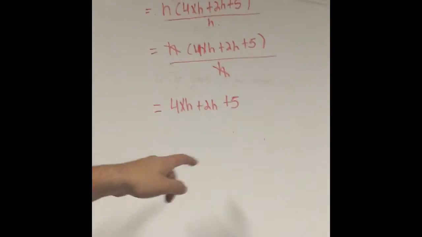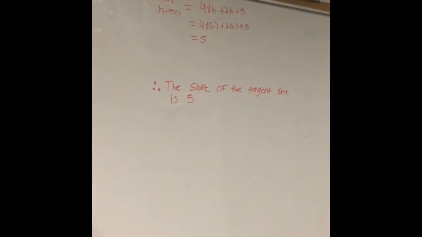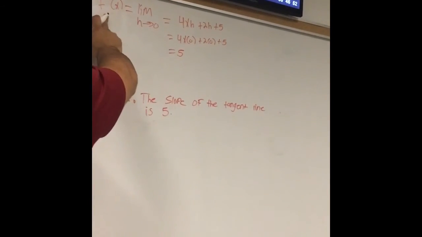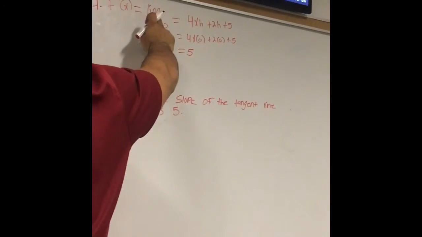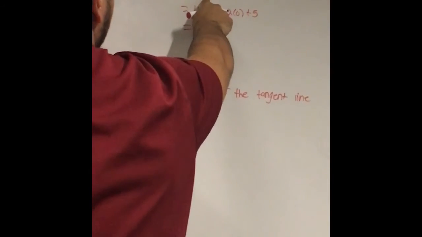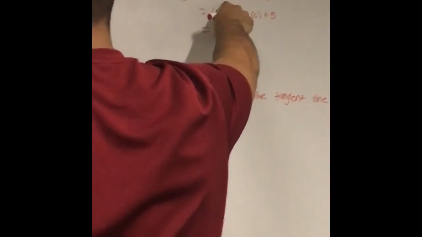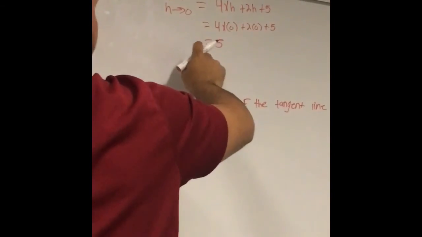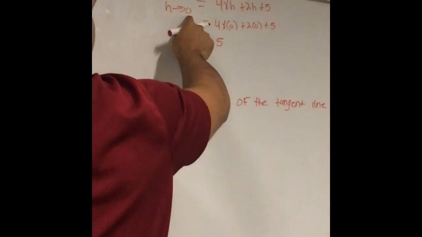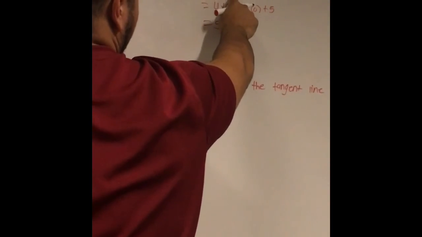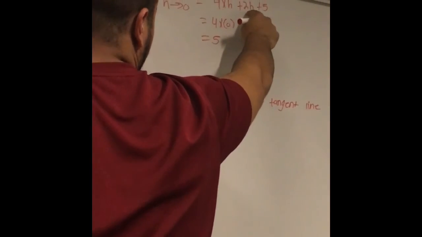And we bring in the four-step process. What we do is we bring the f derivative of x, which would equal the limit as h approaches 0. We would bring the equation they gave us in step 3, which is 4x plus 2h plus 5, and we'd sub the 0 into every h in the equation, which is just the h in the 2h.